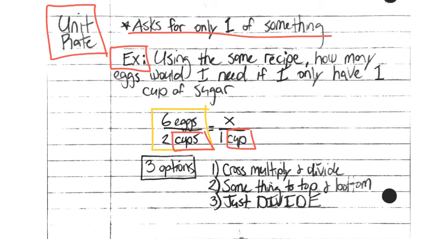So now you have your choice again. You can 1, cross multiply and divide. You can figure out what you did to the top or the bottom and do the same thing on the other side. Or number 3 is, remember when we did this in class with the grocery store, all you have to do for unit rate is just divide. So either of those ways would work, and I'm going to show you all 3 down below here.